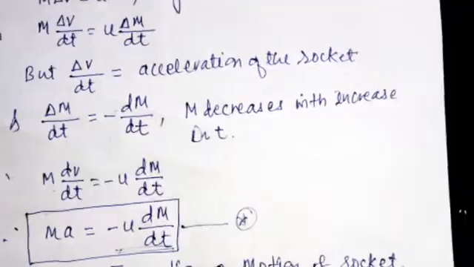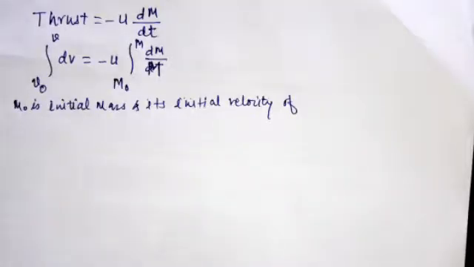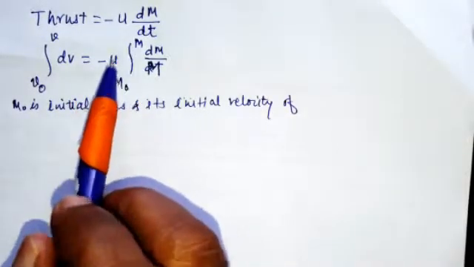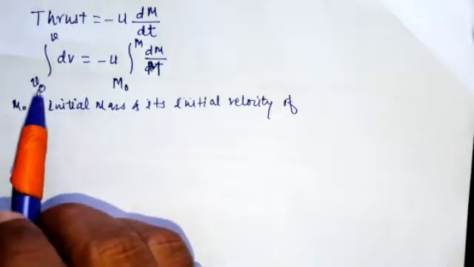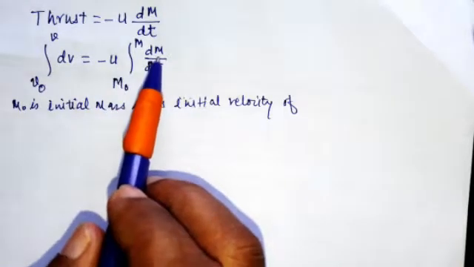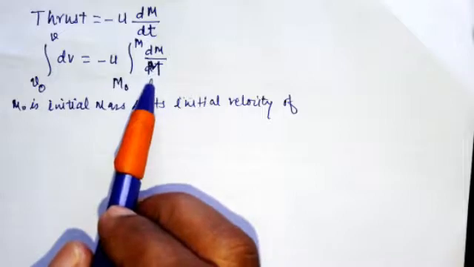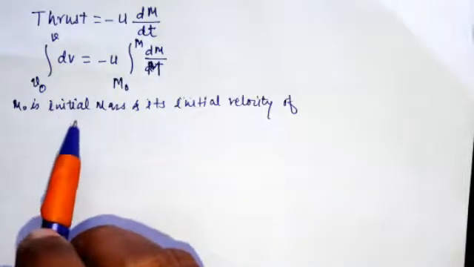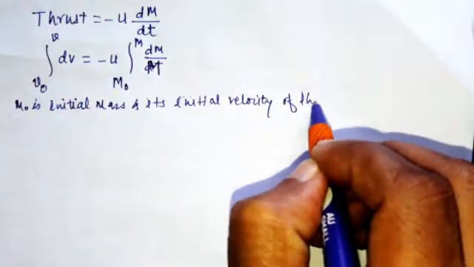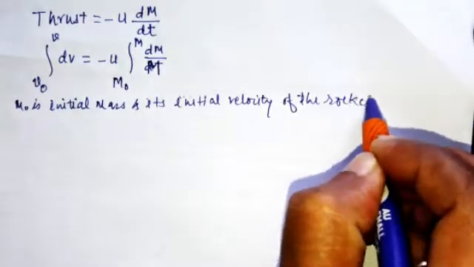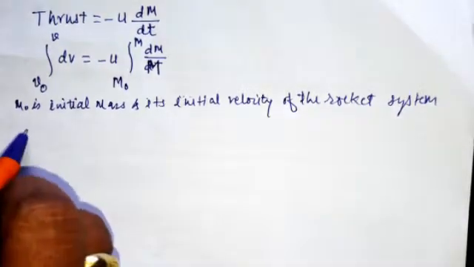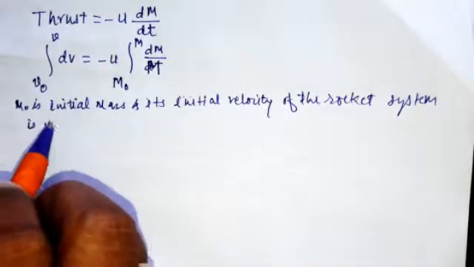Okay, so we take the thrust equal to minus u dm upon dt, and by integrating this equation, integral from v0 to v of dv is equal to minus u times the integral from m naught to m of dm upon m. Here m naught is the initial mass and the initial velocity of the rocket system is v0.